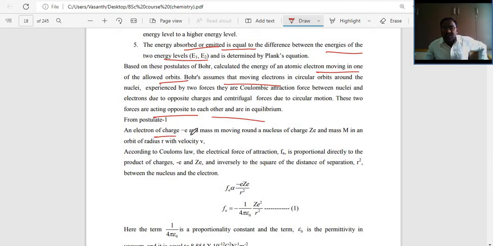Consider an electron of charge e and mass m moving around the nucleus of charge Ze, in an orbit of radius r with velocity v. According to Coulomb's law, the electrical force of attraction is proportional to the product of the charges, Z into e, and inversely proportional to the square of the distance of separation, r square, between the nucleus and the electron.